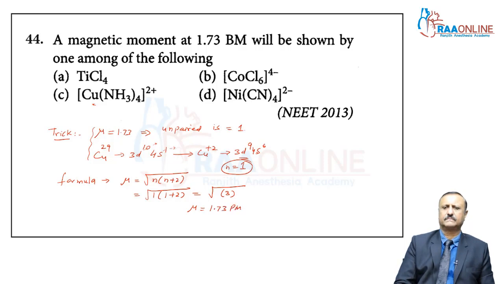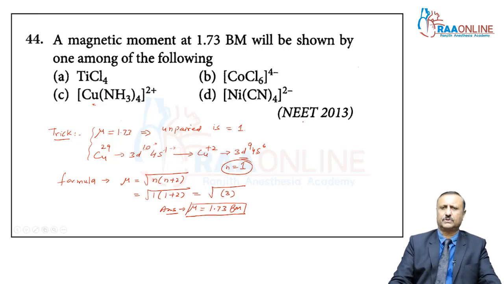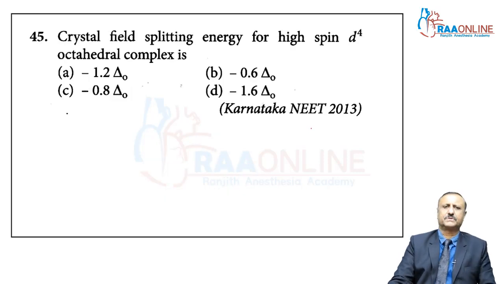This is the answer. So you can get the answer from the formula as well as my trick. This type of question is asked in NEET exams, because this question was in NEET 2013. Now, my dear students, you can enjoy my tricks as well as formulas. Now we can go to question number 45.